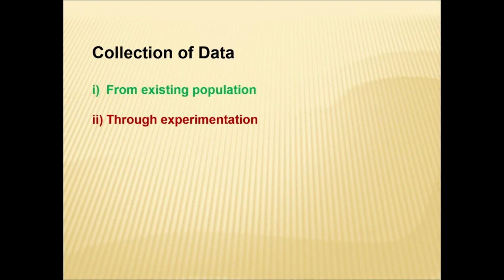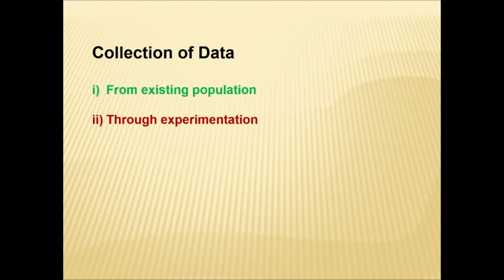I am talking about numerical data, collection of data. Collection of data can be made from the existing population. Collection of data can also be made by conducting experiments. Experiments you can conduct for a particular purpose and you can collect data. Most of the time we do it.